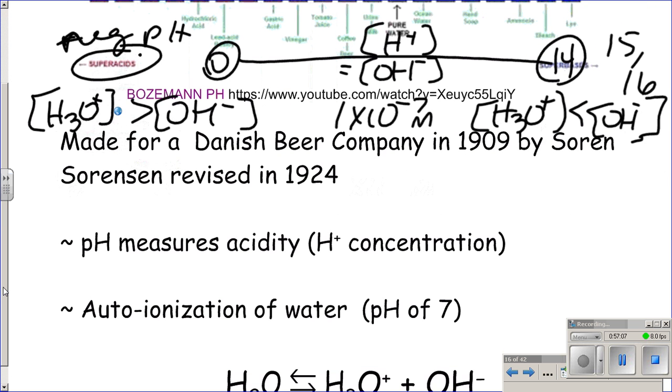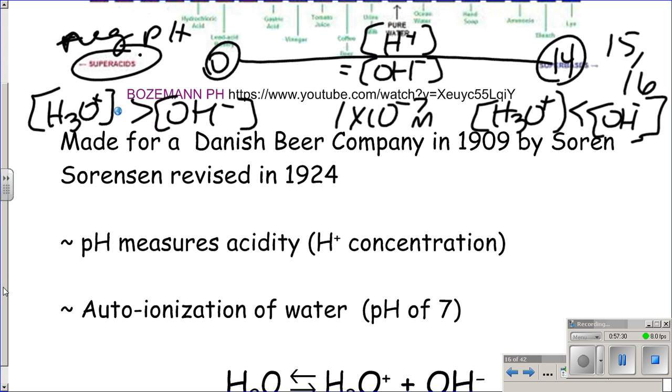Back in the day, this was important because a specific Danish beer company was killing some of their customers by accident, making their beverages too acidic. So this nice guy, his name is unfortunate, Soren Sorensen, said we've got to mess with this recipe. Apparently there's something wrong.